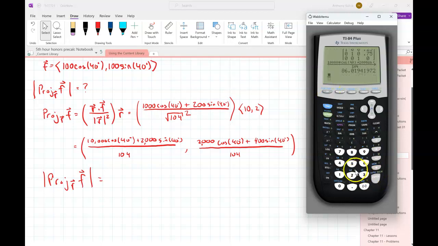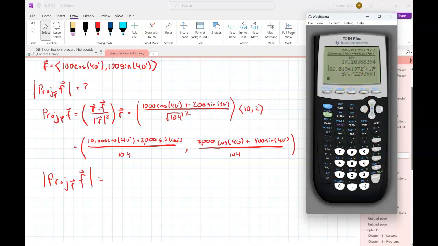We'll do the same thing for the other one. So 2,000 cosine 40 plus 400 sine 40 all over 104. And then the magnitude is going to be this thing squared plus this thing squared.